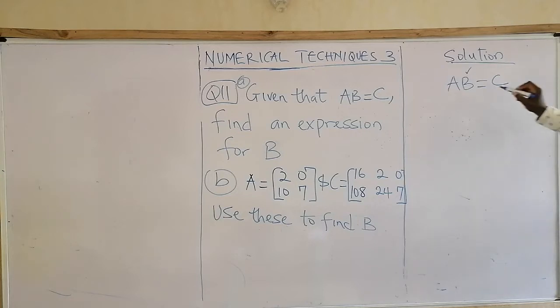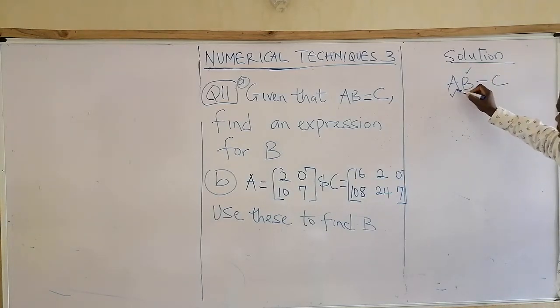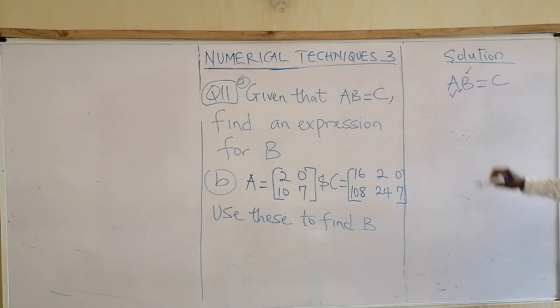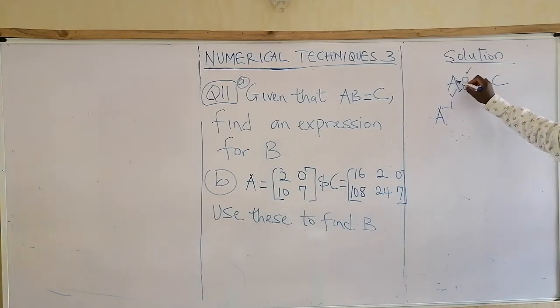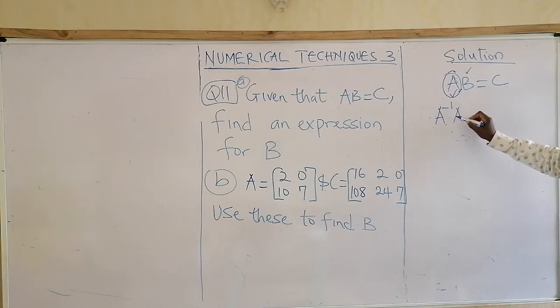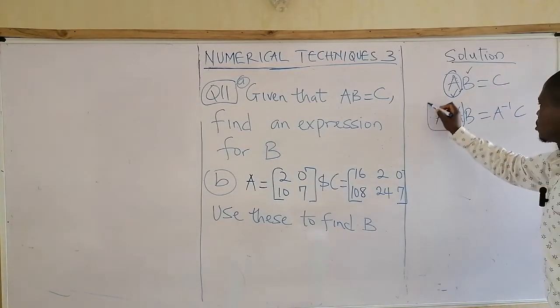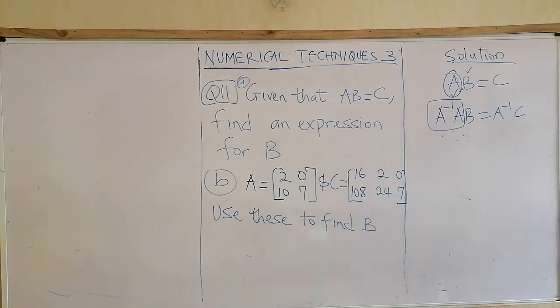So what we can do is find a way of cancelling this A, and by so doing, we introduce the inverse of A to both sides of the equation. A times A inverse becomes the identity matrix, and B is equal to A inverse C.